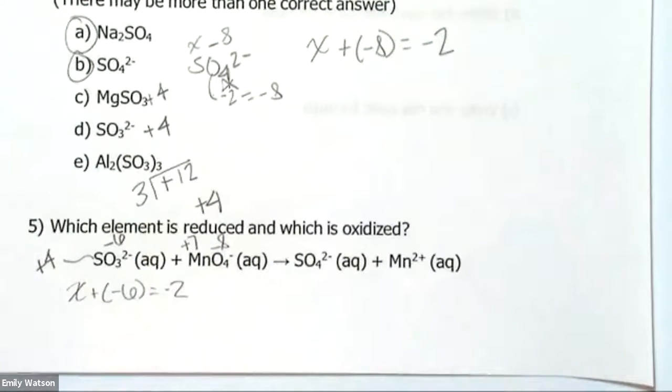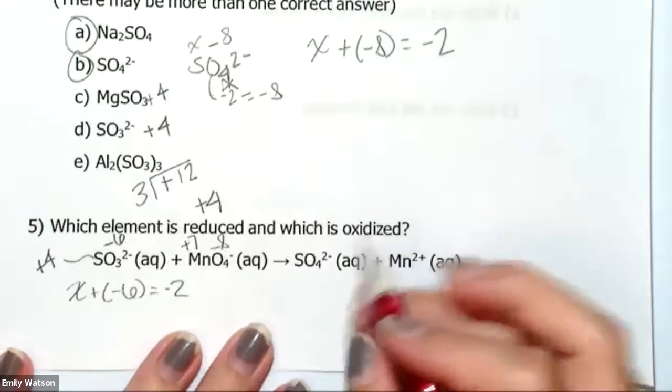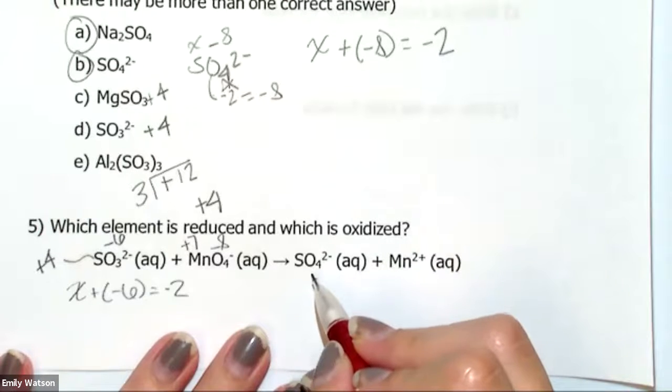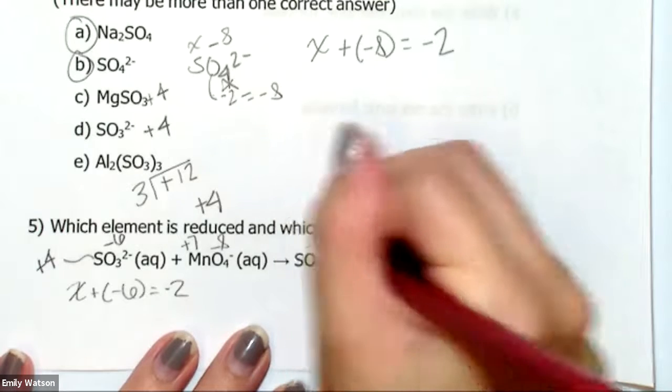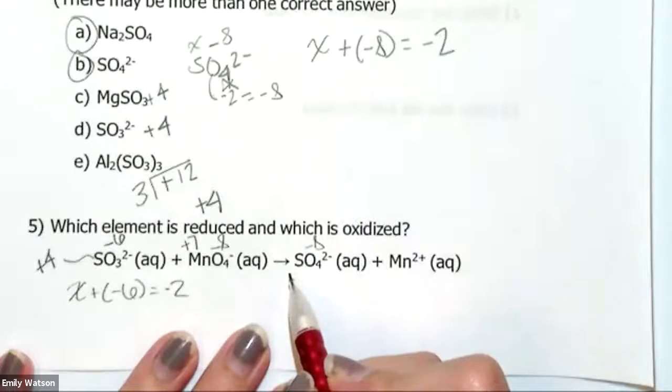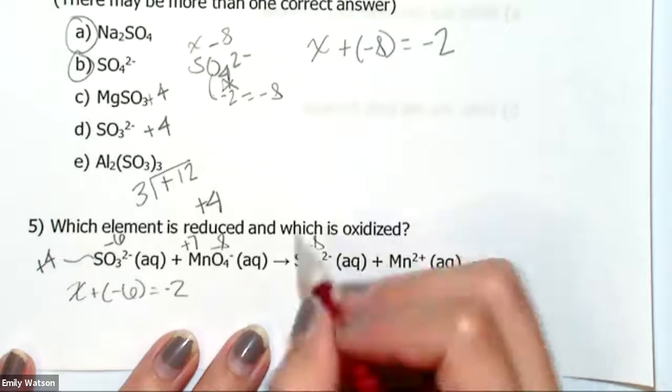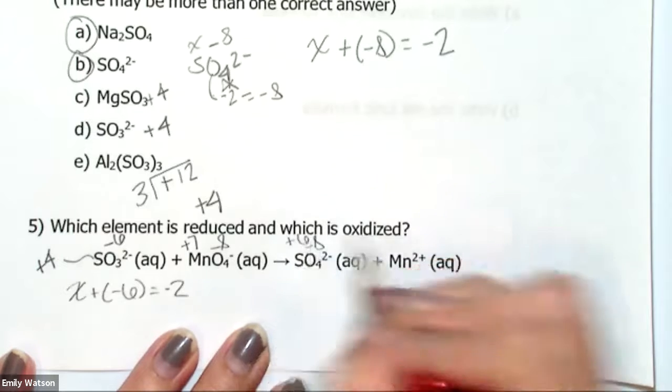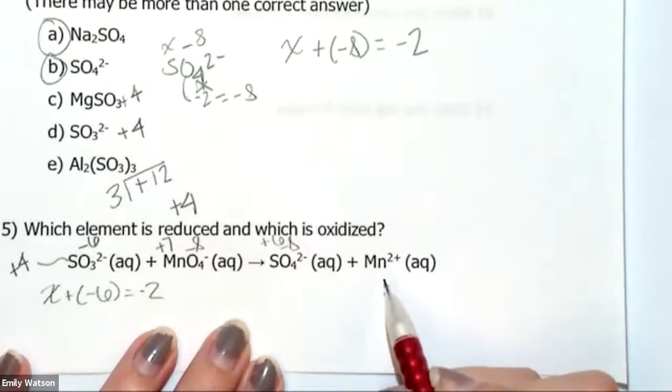And again, if you prefer to write out that full equation all the time, go ahead and do it, whatever works best for you. Okay, so oxygen here is -8, and sulfur has to be +6. Here, what's manganese?